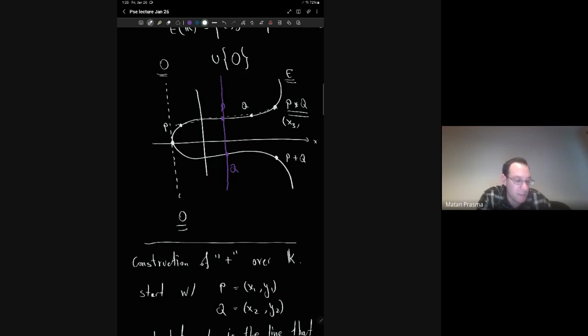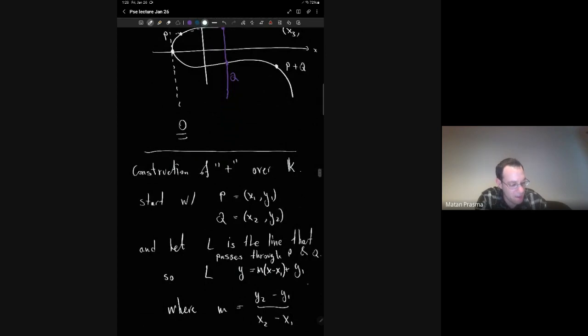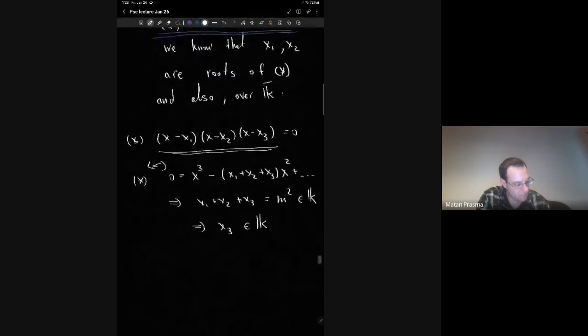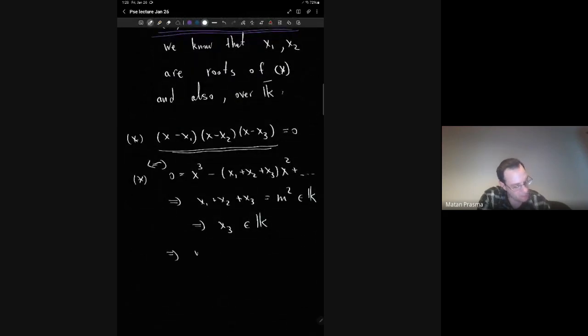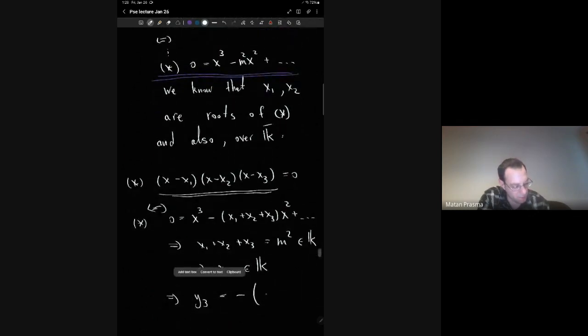The y coordinate is easy, because I know that this p star q must lie on the line L. So y3 is equal to minus the y3 that we have in p star q, that is m (x3 minus x1) plus y1.